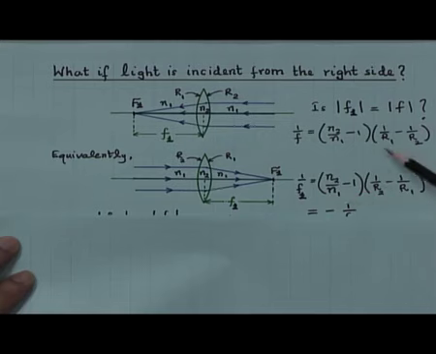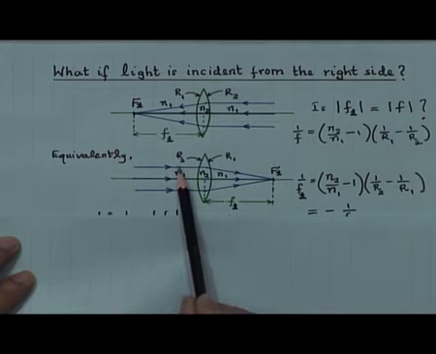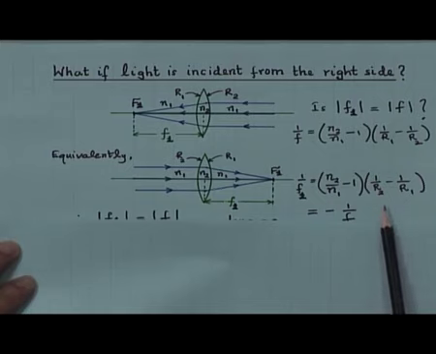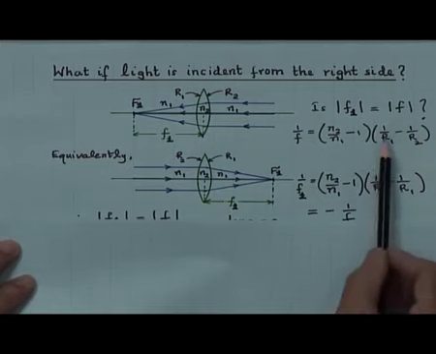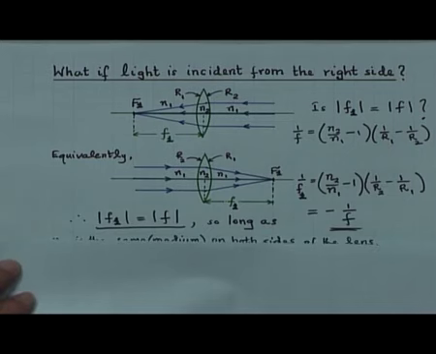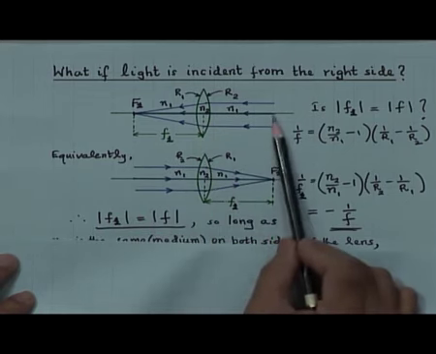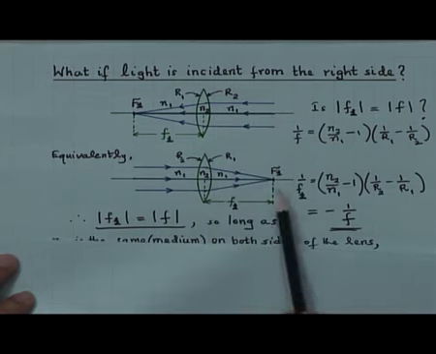Earlier we had the formula 1 by r1 minus 1 by r2, but now because r2 has become r1 and r1 has become r2 in this case, because we have flipped the lens, it is 1 by r2 minus 1 by r1. So, what is this? This is nothing but minus 1 by f, and therefore, mod f1, whether in this case or in this case, the distance is the same.